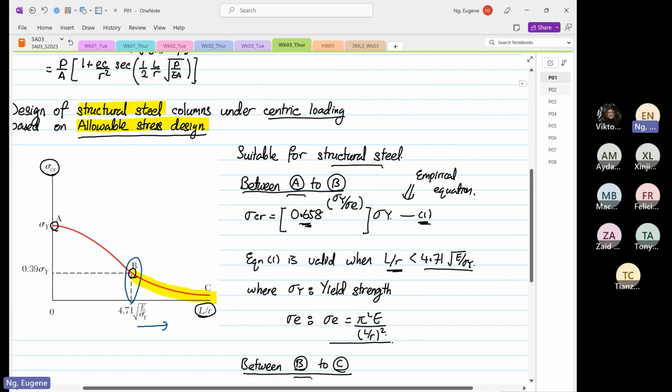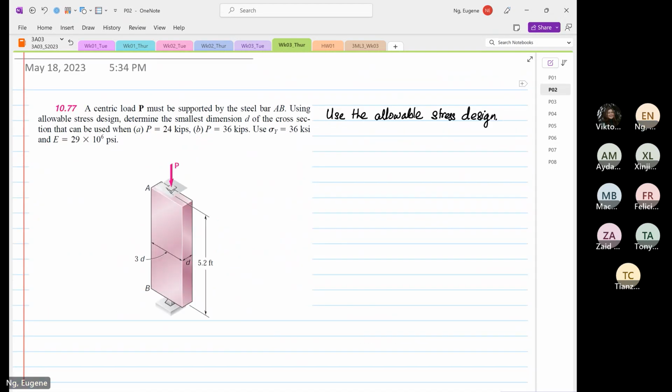Again, in the exam or test, I will provide you with these equations. They told us to determine the smallest diameter D of the cross section that can be used when P is equal to 24 kilopound force. Now, I'm only going to do A, because for B the procedure of calculation is exactly the same.